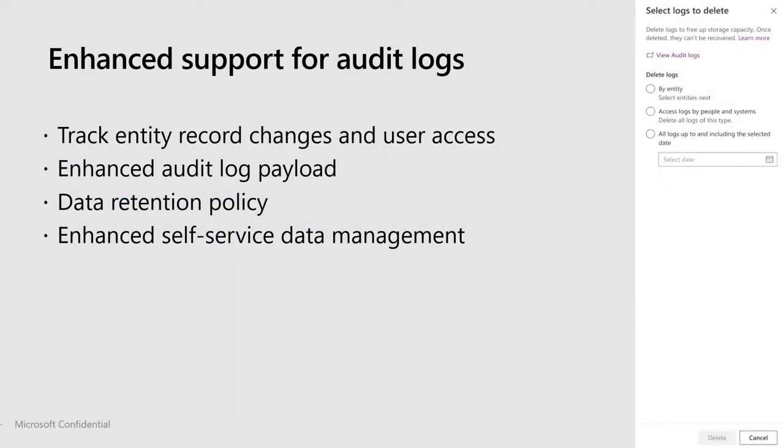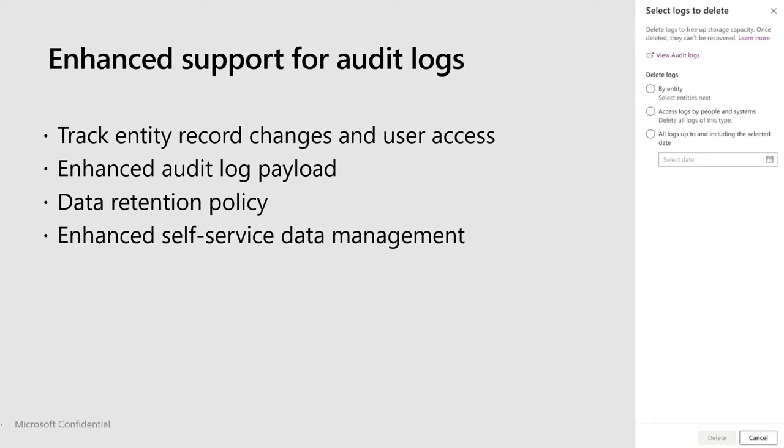Over the past couple of months, we put our focus on Audit Log. Who of you have already used Audit? Okay, so quite a few of you. For those of you who haven't used it, Audit basically records the change history for creates, updates, and deletes of any record in the system for the entities that you are auditing.